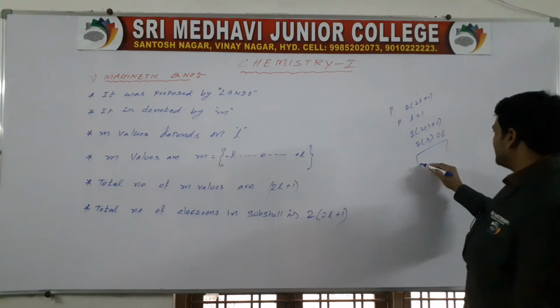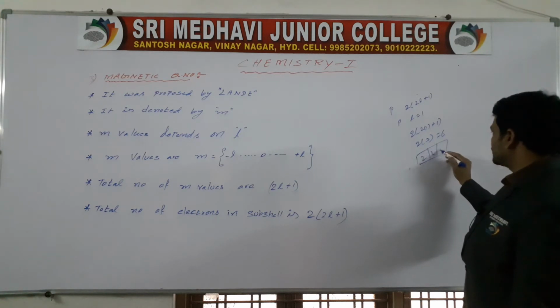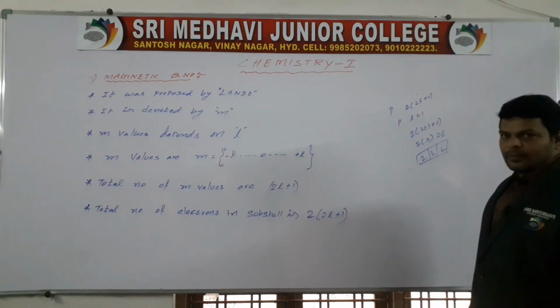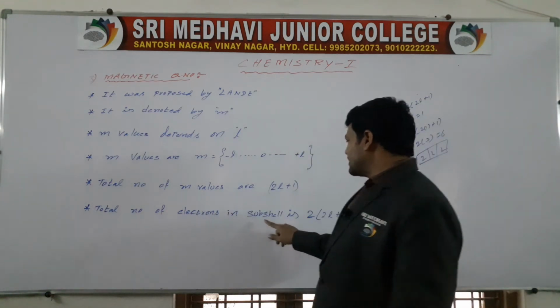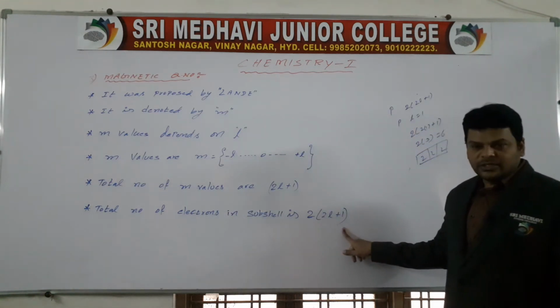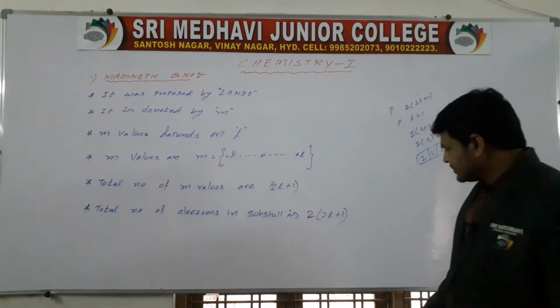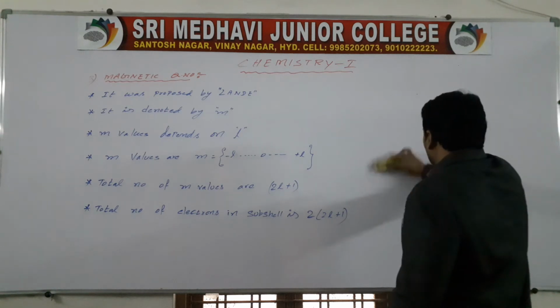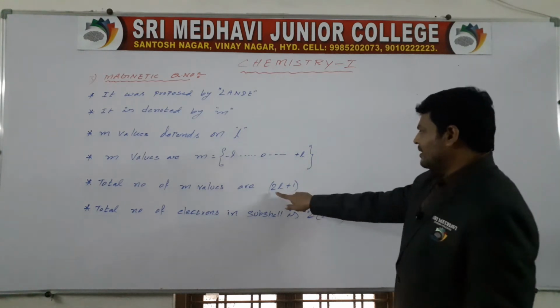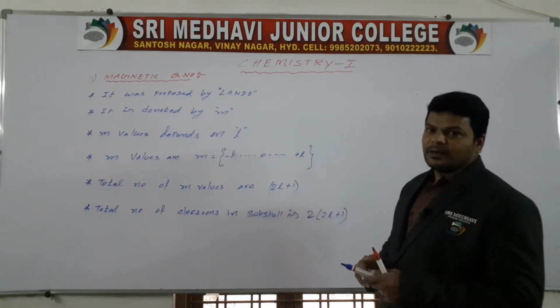So p can accommodate a maximum of 6 electrons. Like that, the total number of electrons in a subshell is 2 into 2L plus 1. The total number of m values is 2L plus 1.